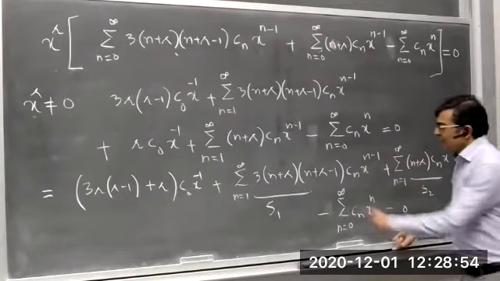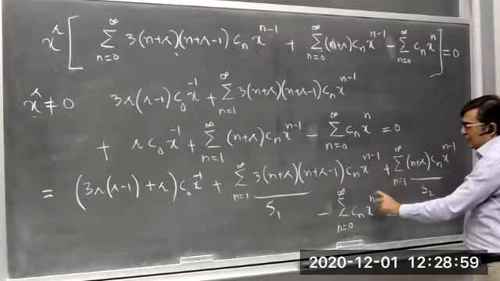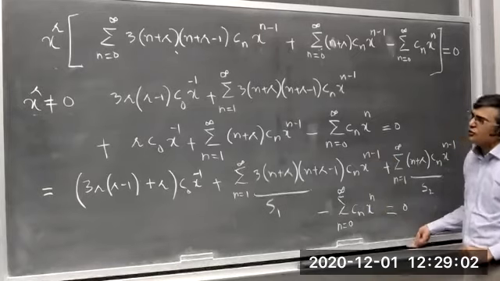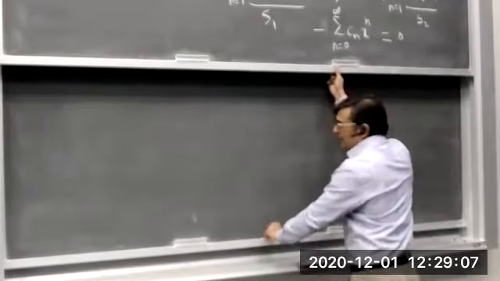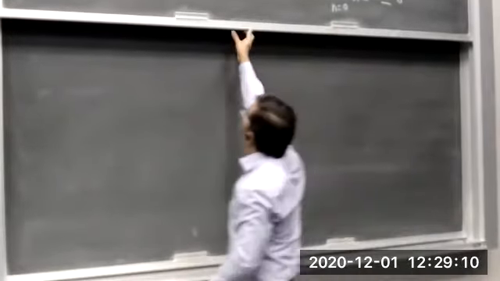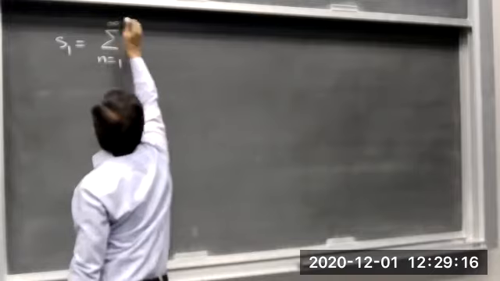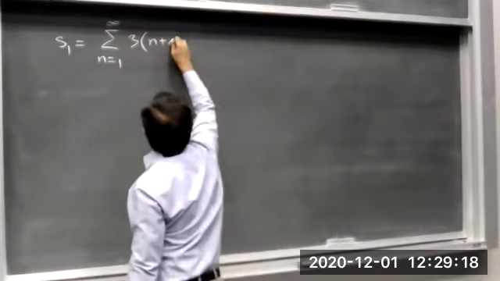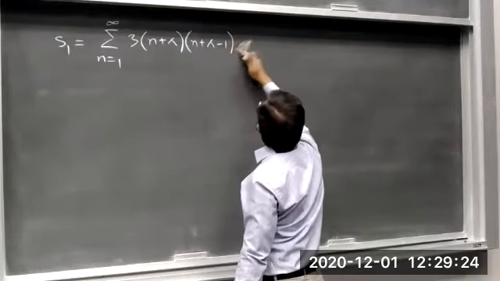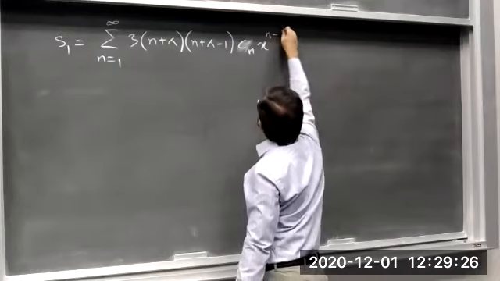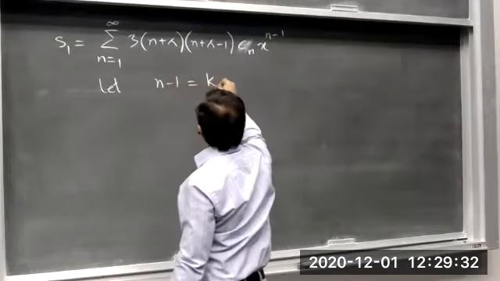Okay, for that, first series, in this series n minus 1, I'm going to make it equal to n. How do we do this? I hope you know it because we have already discussed it in the power series method. Now the S1 is what? It is summation n from 1 to infinity 3 times n plus r and n plus r minus 1 cn x power n minus 1. Now in this, I assume that n minus 1 is k.